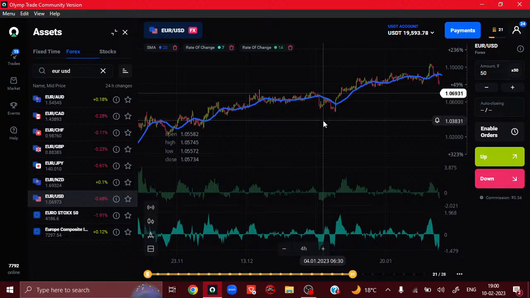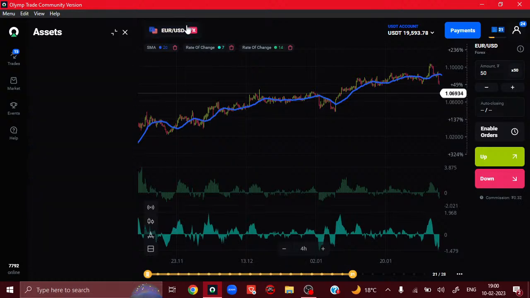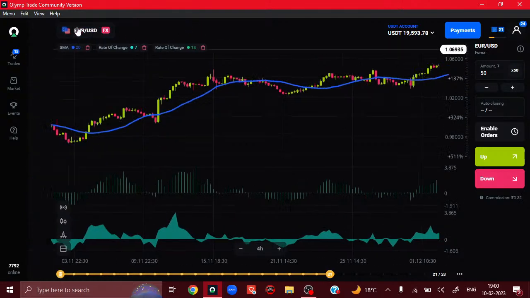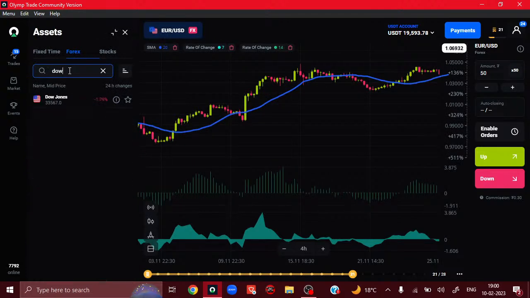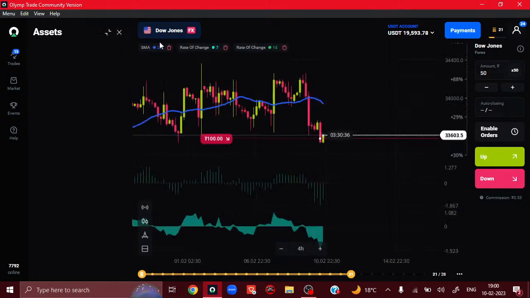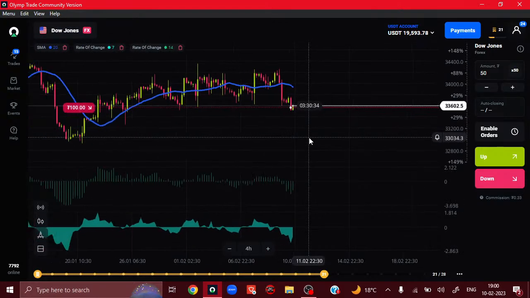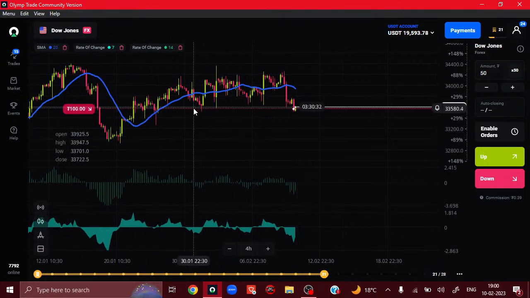What is my view on Dow Jones? Yeah, sure. Let us look at the Dow Jones as well. See, the Dow Jones is also sitting at a very important support level here, which is 33,500.